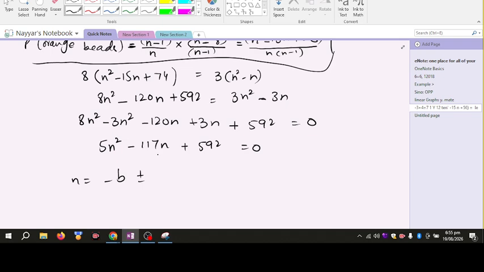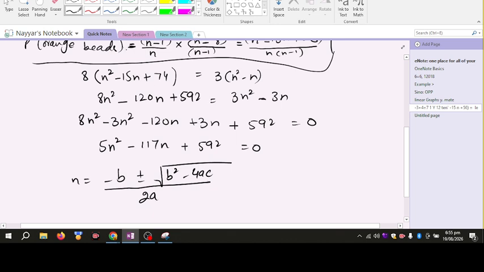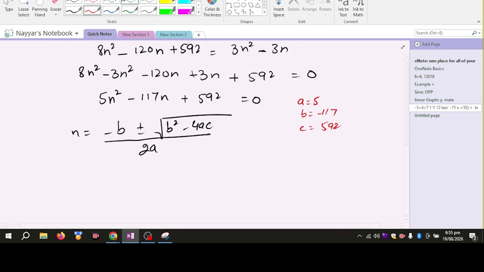So we'll just go with the quadratic formula. n is equal to minus b plus minus root b square minus 4ac upon 2a. You can see that our a is 5, our b is negative 117, our c is 592.